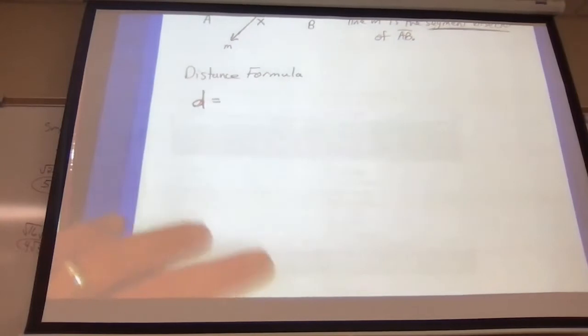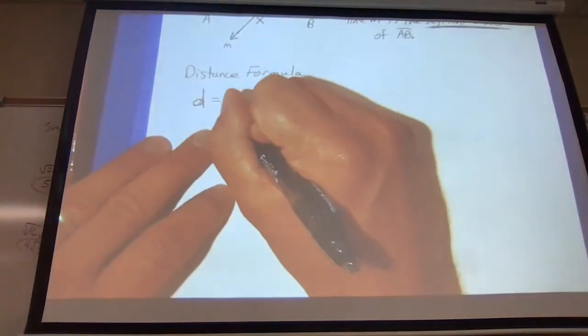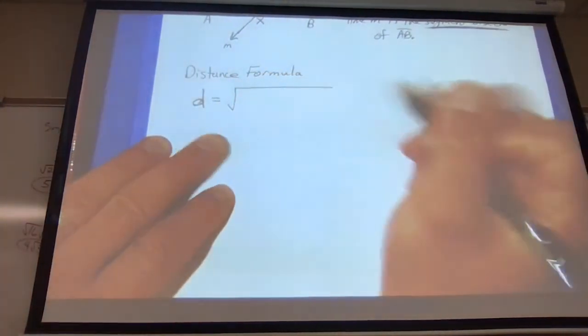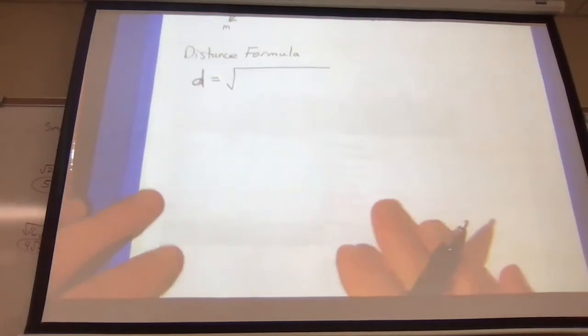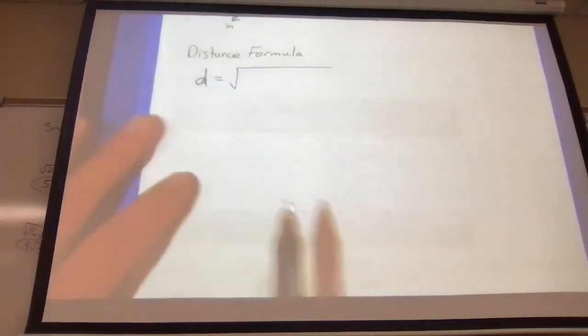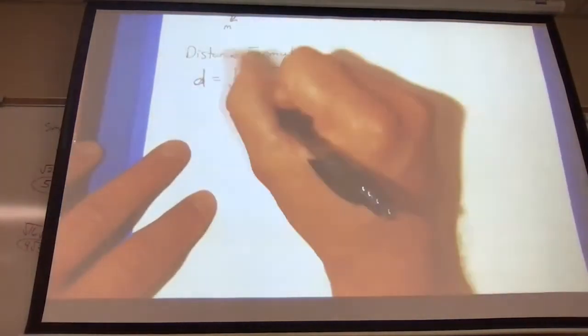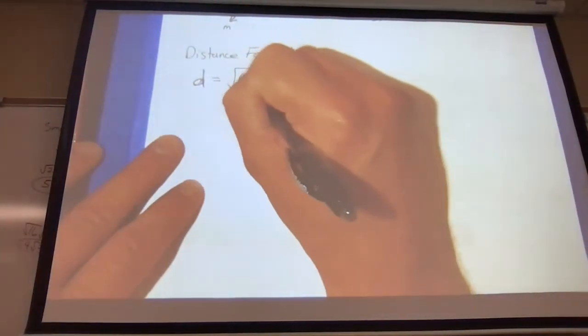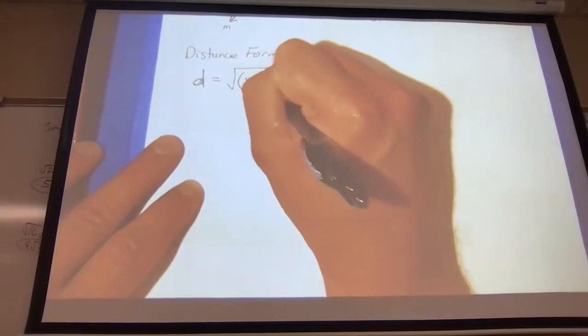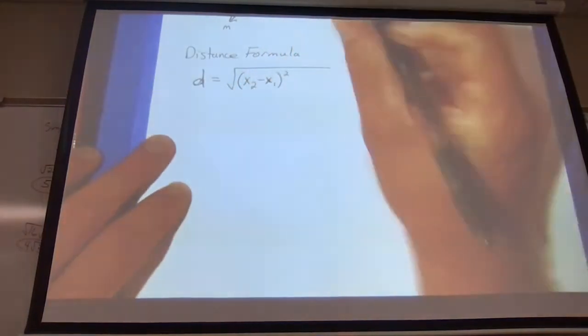And I don't know if you saw this last year or not, but the second distance formula you can use is the one that a lot of people prefer using. Distance formula is going to be the square root, and inside the square root, you're going to have parentheses. You're going to take x2 minus x1 and square it.